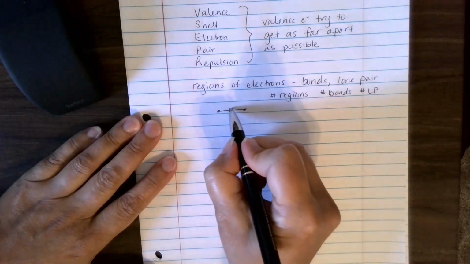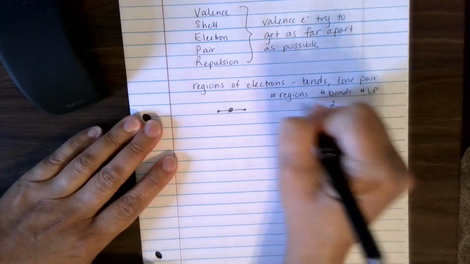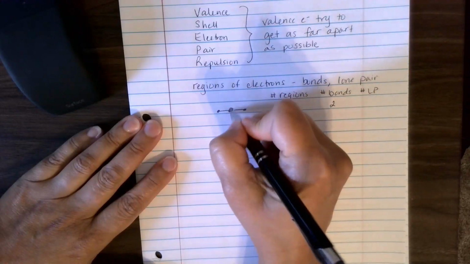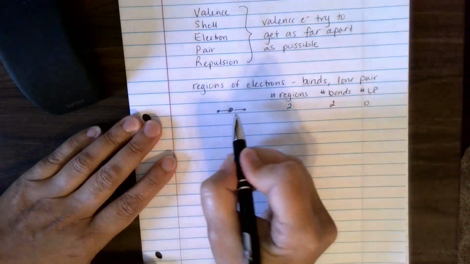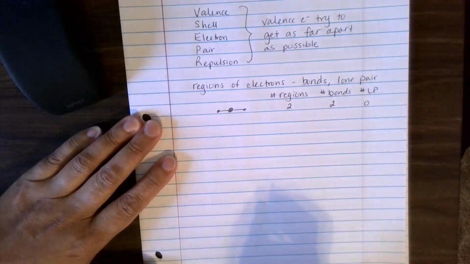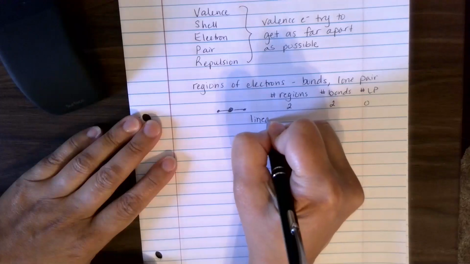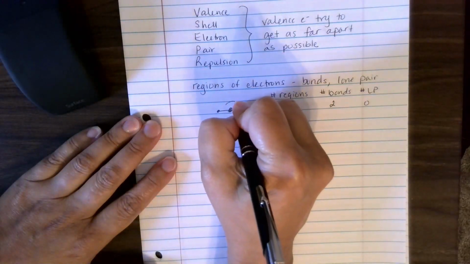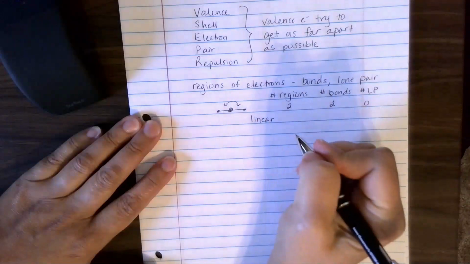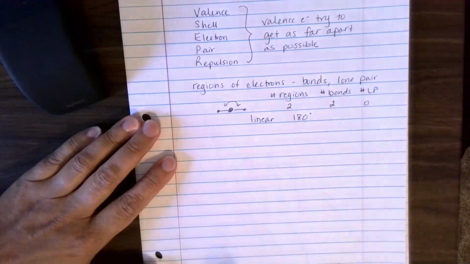Okay, so on this central atom, I have two bonds, so I have two regions, and there are no dots on here, so no lone pairs. So you can see this kind of looks like a straight line, so we're going to call this shape linear. And the other thing we like to do is state the bond angles. So we're saying, what is the angle between these two bonds? Well, since it's in a straight line, those bond angles would be 180.